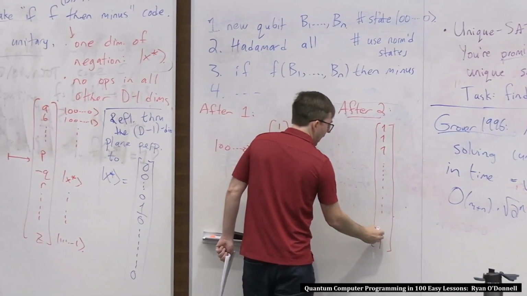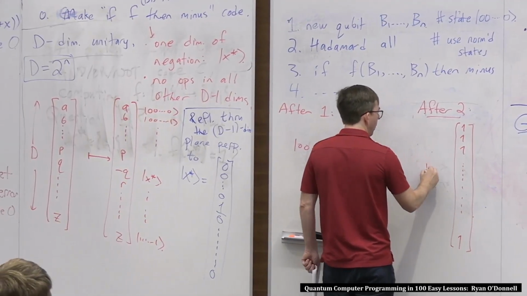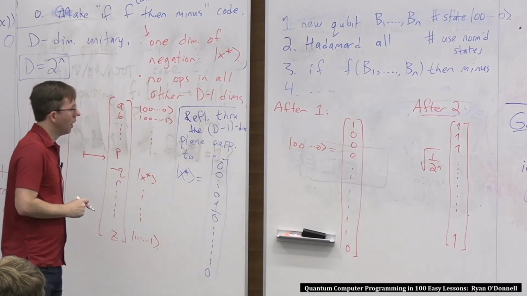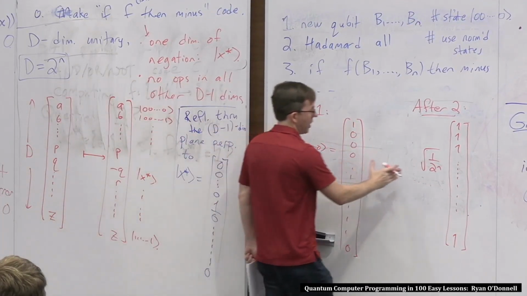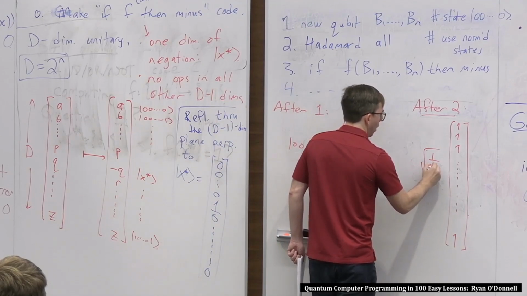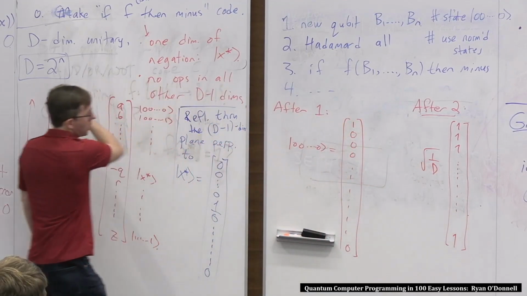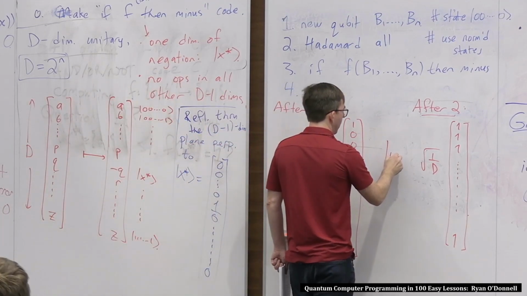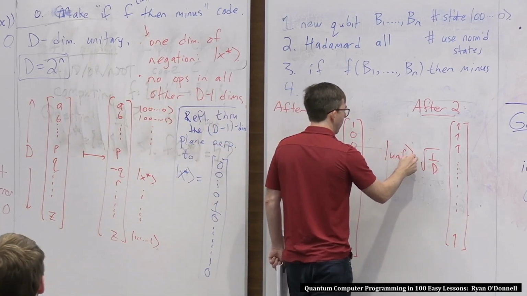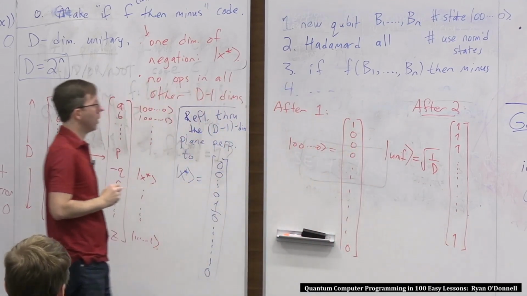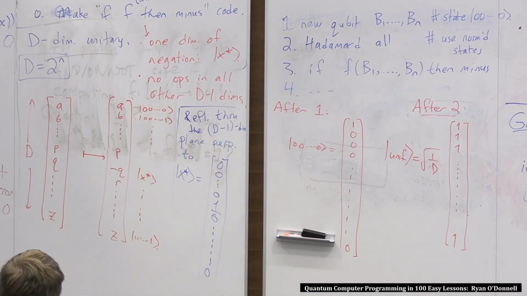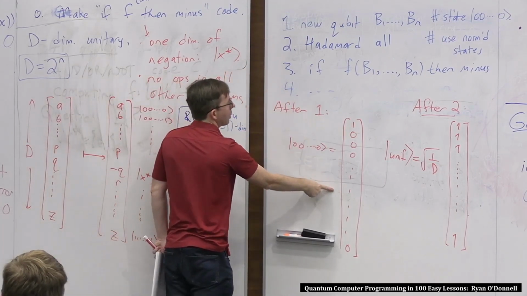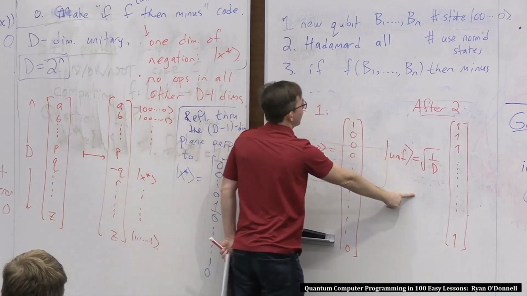So we really should have the square root of 1 over 2 to the n here. But let's call this square root of 1 over D, because we're going to get used to saying capital D for 2 to the n. And I'll call this state vector ket unif, because it's the normalized uniform superposition state. So after line 1, we're at this vector. After line 2, we're at this vector.